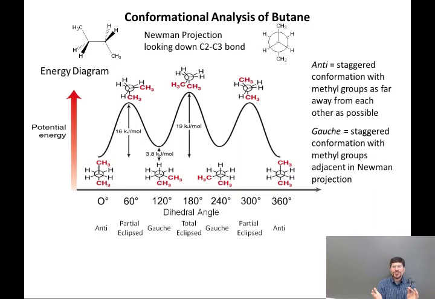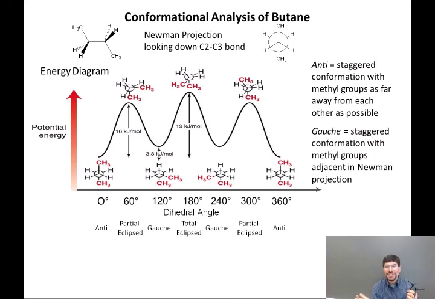I also have terms that I use to differentiate the two eclipsed conformations. These are not terms that you'll find in a textbook, but they're terms that I like to use just to differentiate them. And that is what I'm going to call partially eclipsed versus totally eclipsed.